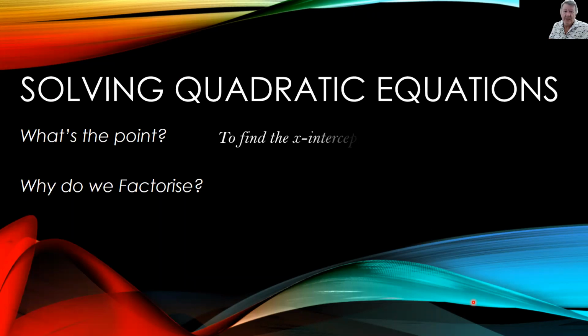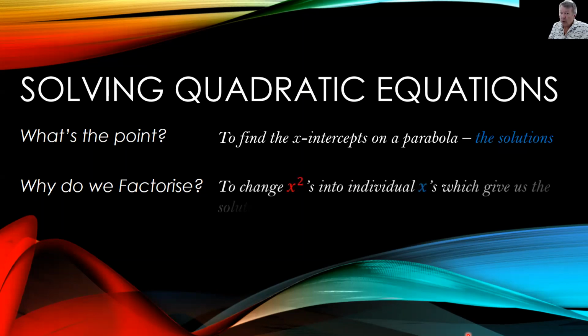Well, the point is we need to find the x-intercepts on a parabola, which are the solutions. That's why we're doing it. Why do we factorize? Because we want to change x squareds or cubes or quartics into individual x's, which will give us those solutions.